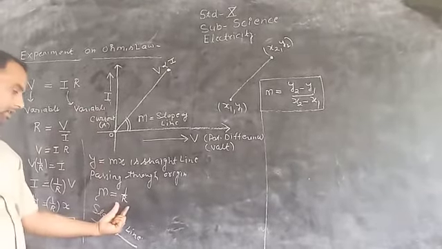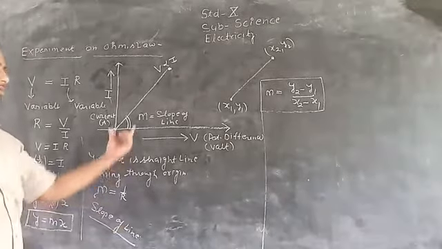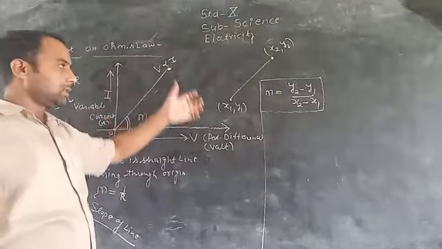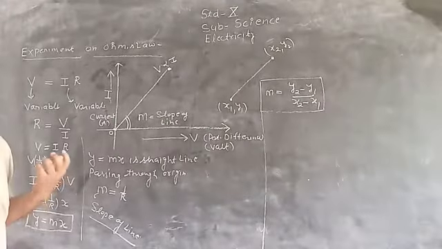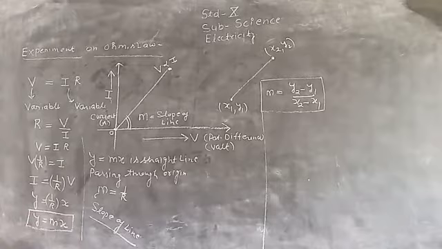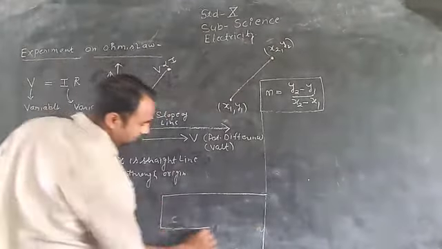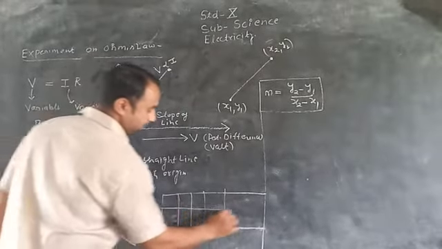Now we are interested to know the value of resistance from this experiment also, and when doing the experiment, we write the various values of voltage and various values of current and draw such a table.